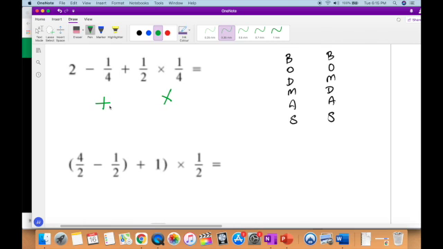Instead of 4 operations, we see that addition and subtraction is basically just addition, and multiplication and division is basically just multiplication.